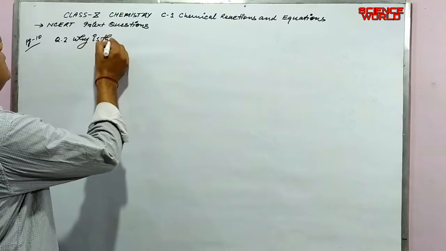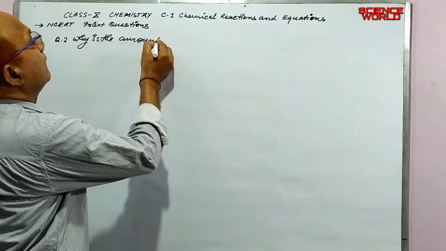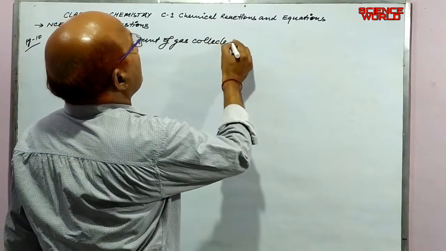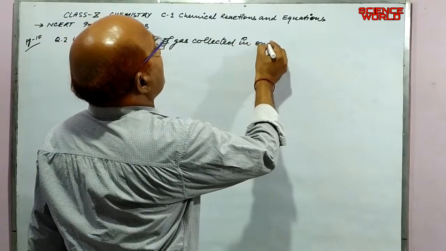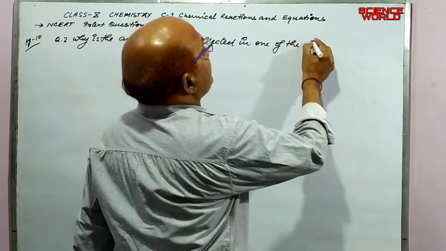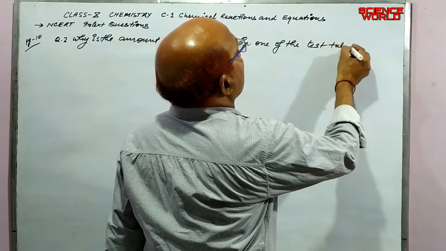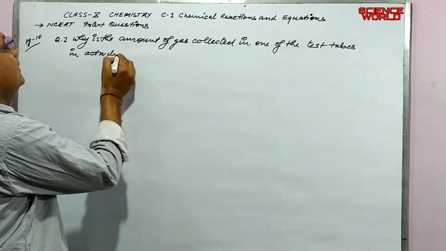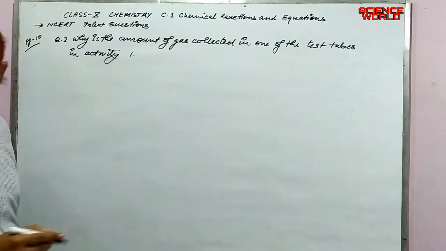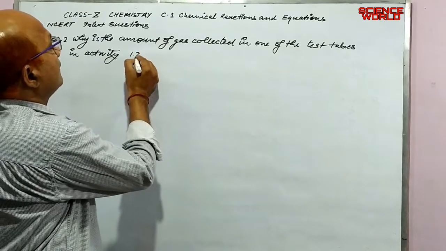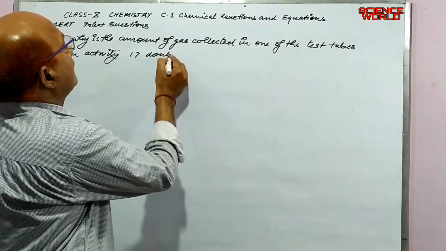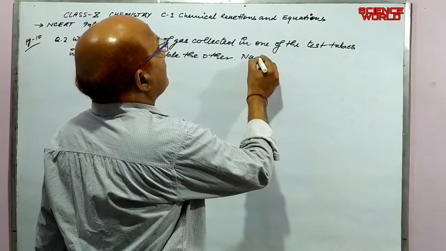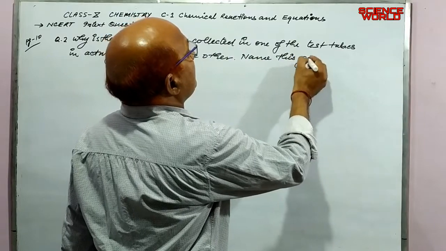Why is the amount of gas collected in one of the test tubes in activity 1.7 double the other? Name this gas.